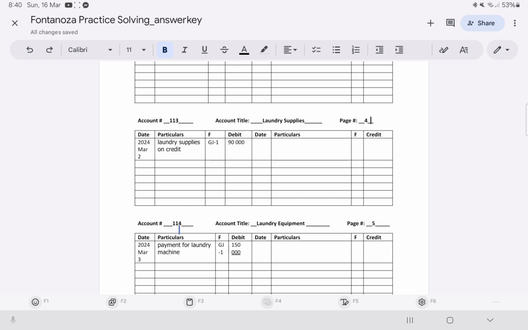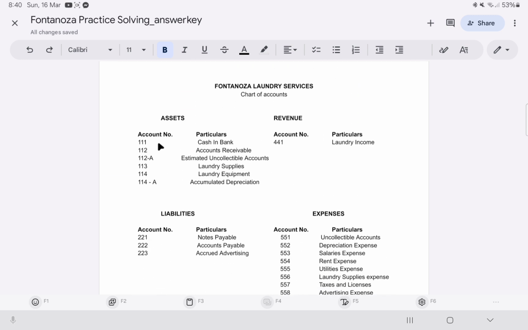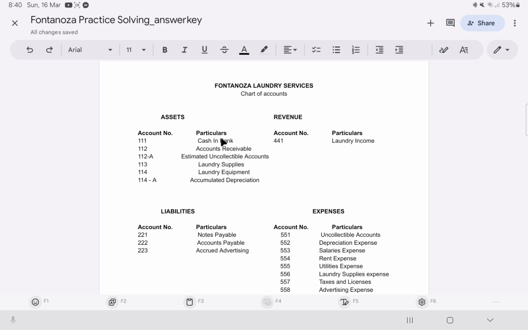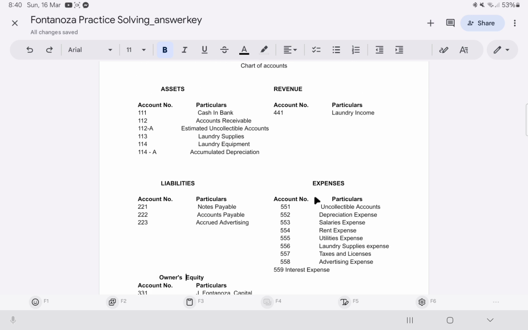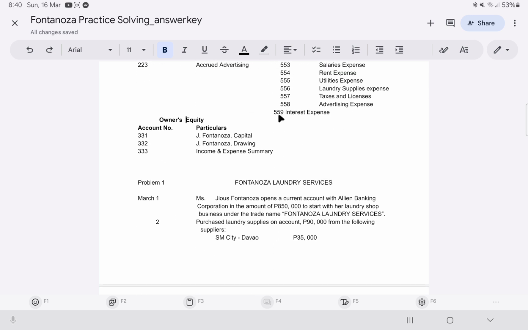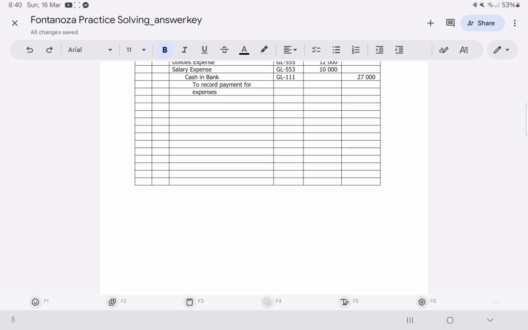And so as I mentioned earlier, you should input all the account numbers and their particulars, from assets until owner's equity until expenses, 559. Okay, same procedure here.